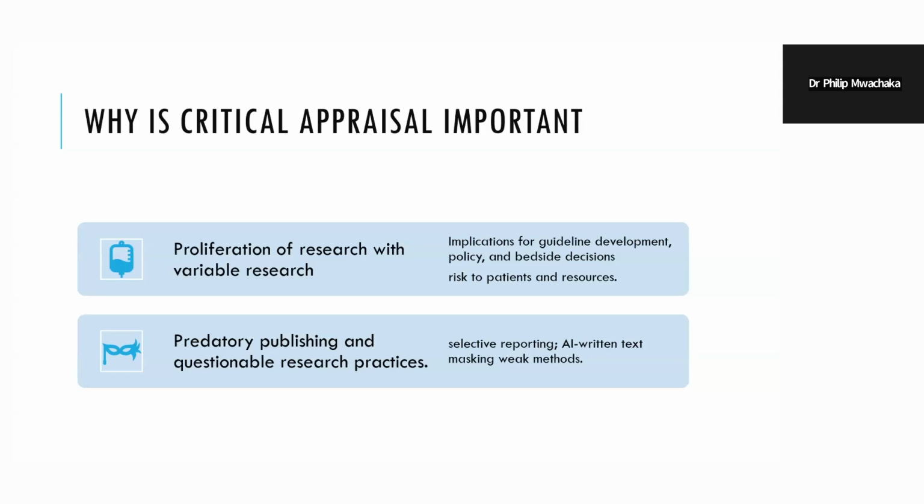AI can be used to assist you improve on your paper, but should not be used to write the paper. So you can have conversations with AI, and it can even generate methodology for you and all those things. So we need to be aware of that, and it is therefore important to know the skills of critical appraisal.